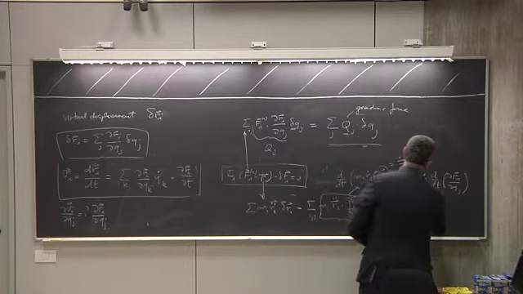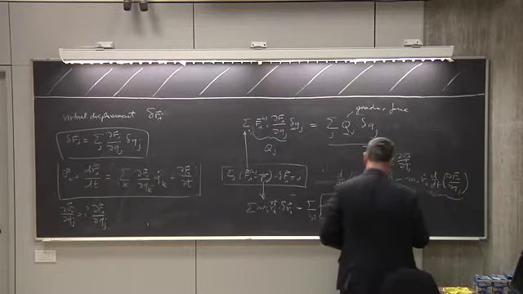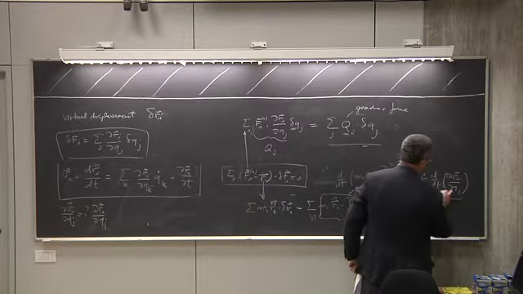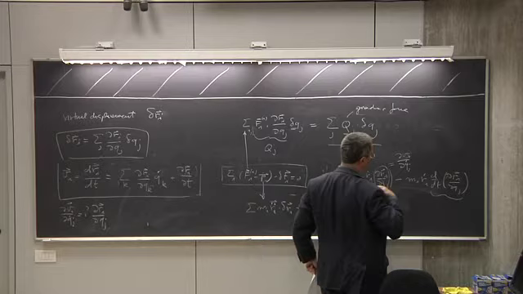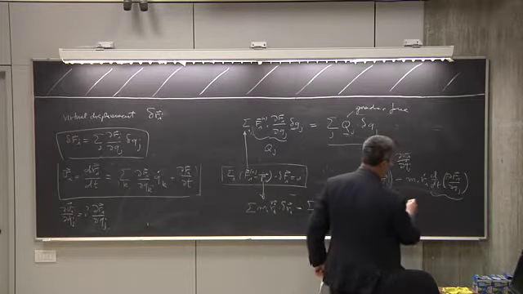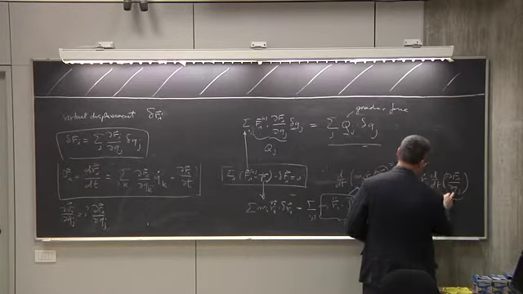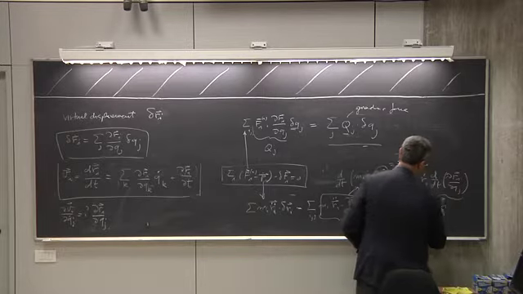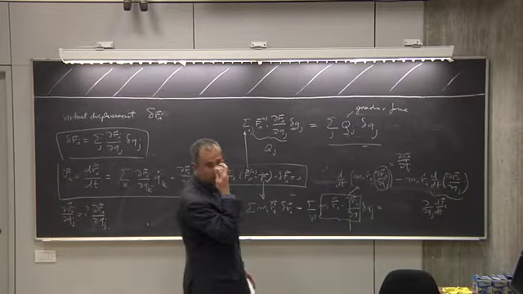And how about this term here? Let's first switch. I know I'm not allowed to do this, but let me do it nevertheless. Let me switch the order of these two derivatives so that I have dqj of d dt of ri.